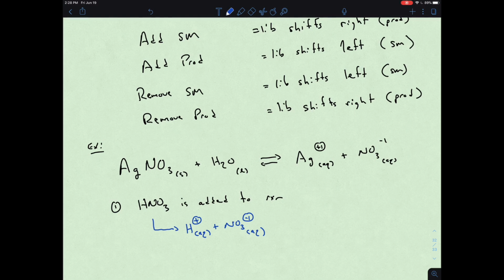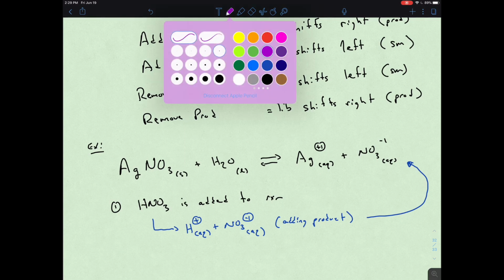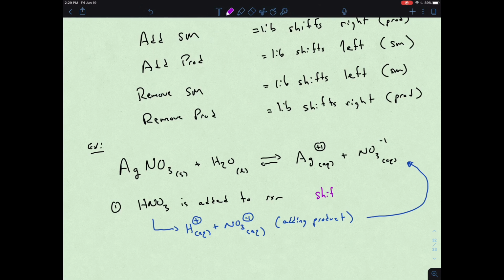And so we find that this is like adding product, because we see we have our nitrate as a product of this equilibrium reaction. So if nitric acid is added to the reaction, it is going to shift left or towards our starting material, because we're adding product to that particular equilibrium process.